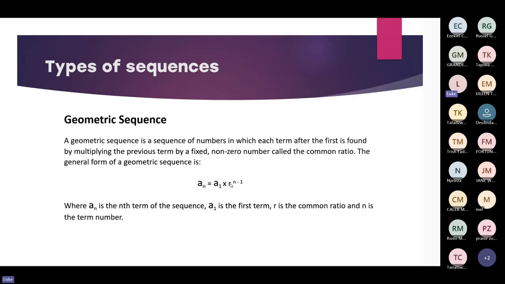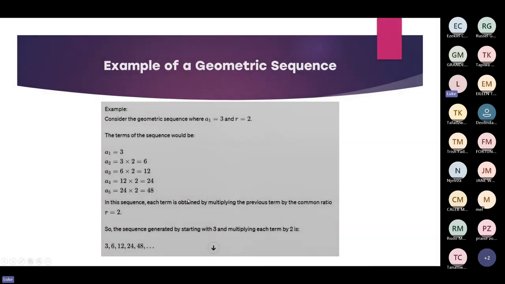I hope that is making sense. So in this sequence, each term is obtained by multiplying the previous term by the common ratio 2. The sequence generated starting with 3 and multiplying each term by 2 will be 3, 6, 12, 24, and 48, because we're just multiplying each term by the given common ratio.